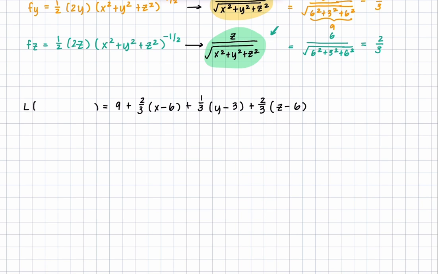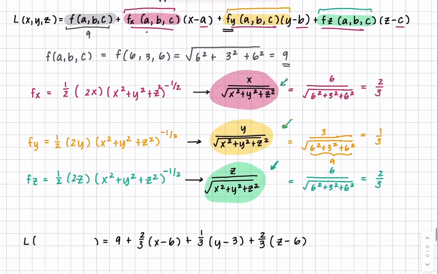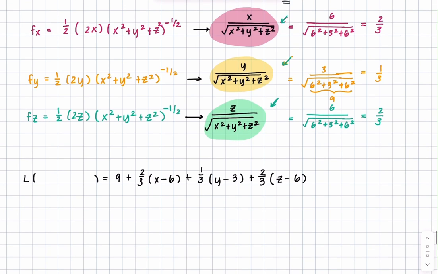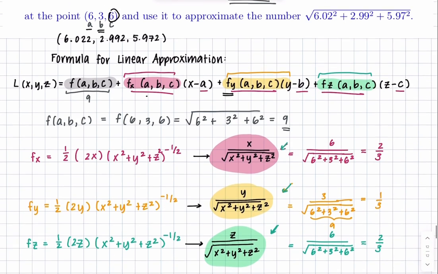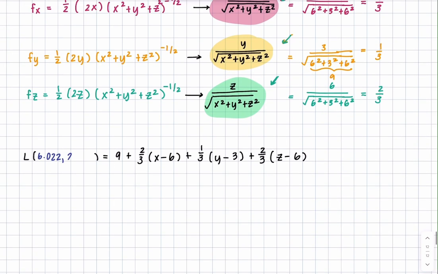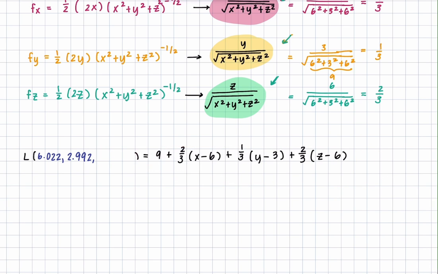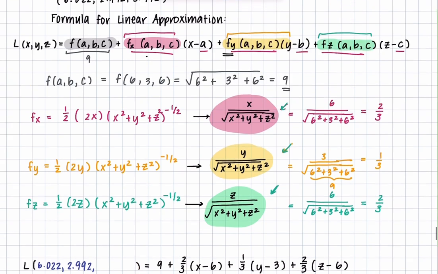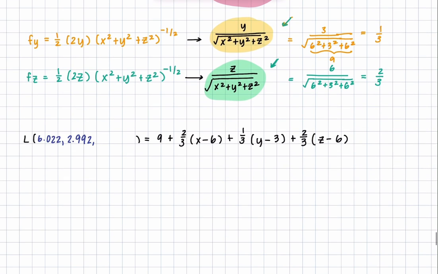So we have 6.022, 2.992, and lastly 5.972.